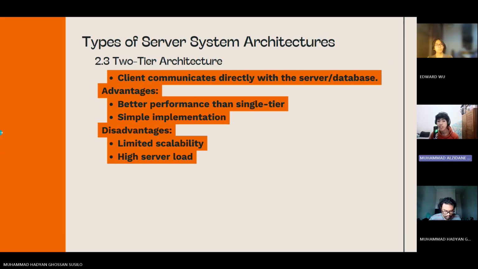Next, we have the two-tier architecture. The client communicates directly with the server or database. The advantages of this are better performance than single-tier and simple implementation, but the disadvantages are limited scalability and high server load.